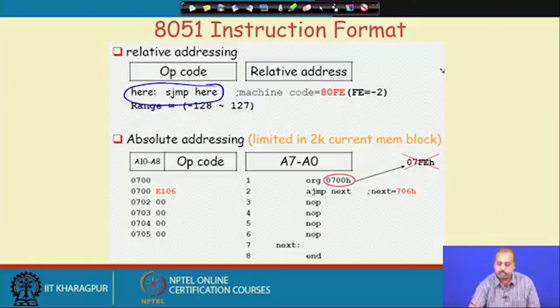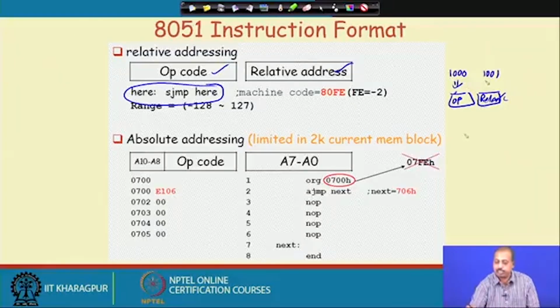If the instruction is at location 1000, then location 1000 will have the code for the opcode part, and location 1001 will have the relative address part, the second byte.